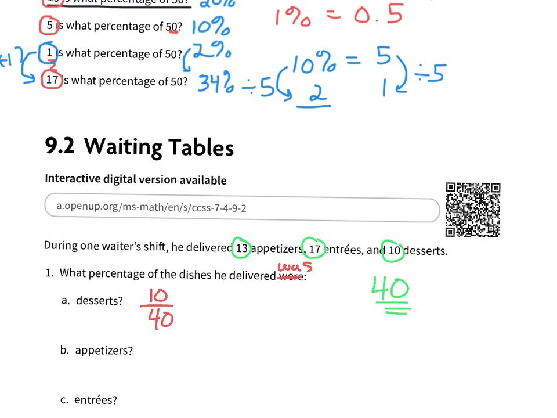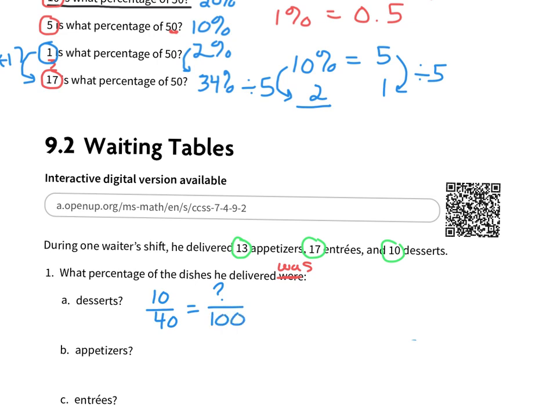Now we can do this through some long division. 40 goes into 10. You could also simplify first. 4 fits into 1. That's the same thing. The other option for us is what I mentioned before, the idea of cross-multiplying. So part over whole, our 10 over our 40, equals the percent, which is what we don't know, over 100.